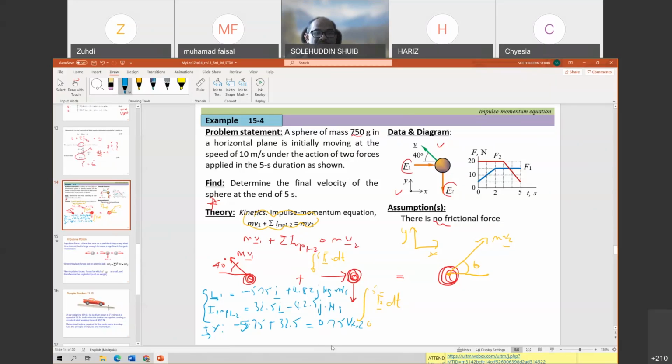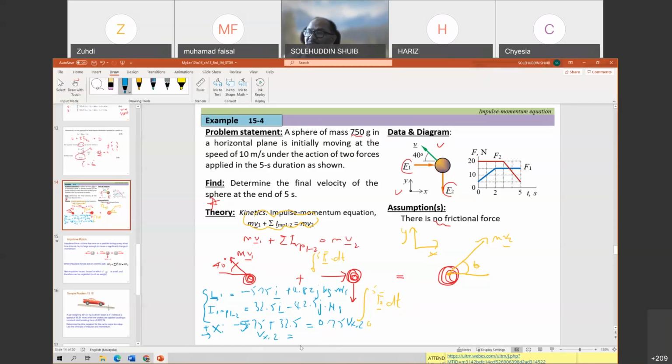Please tell me what is the value of Vx2 based on this equation. Can you calculate for me?